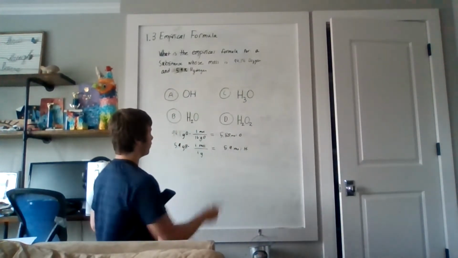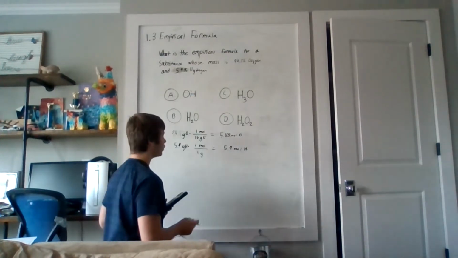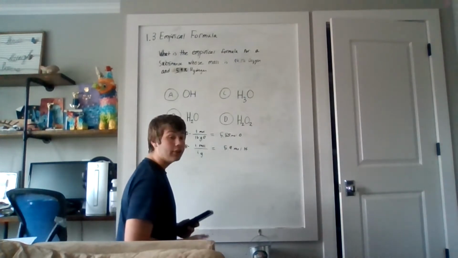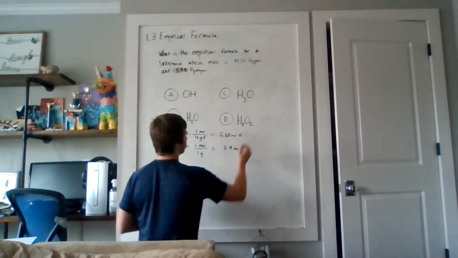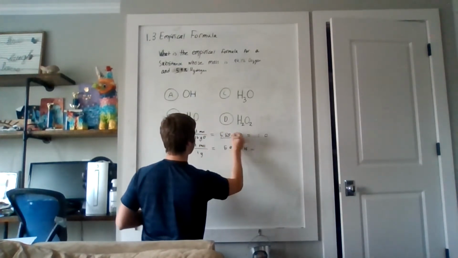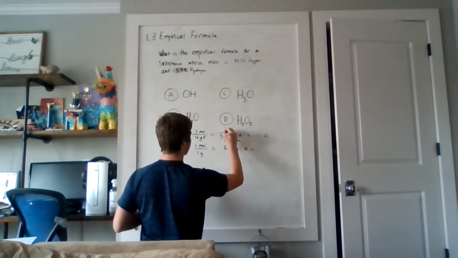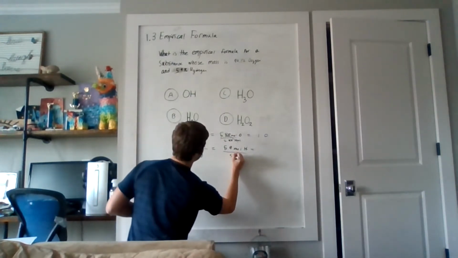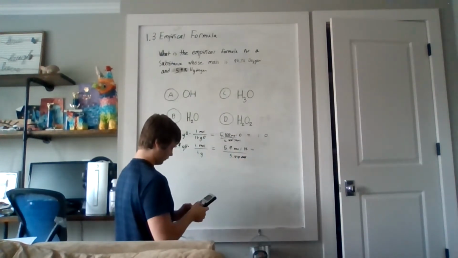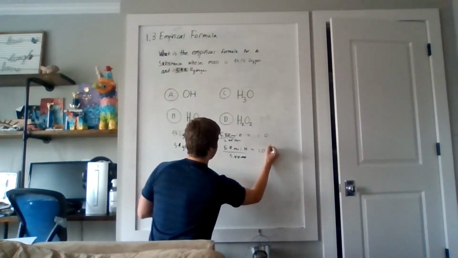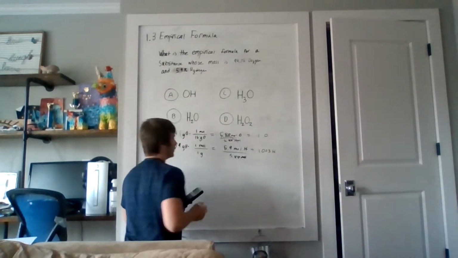So now that we have the moles of each one, we're going to divide by the lowest number that we have here. And in this case, it's 5.88. And that gives us 1 oxygen, if we divide by 5.88, and 1.003 hydrogen.